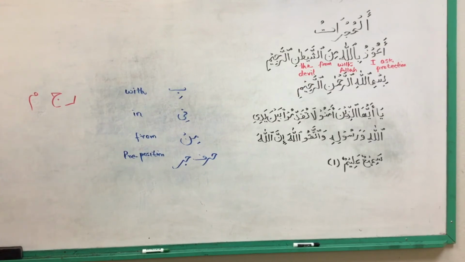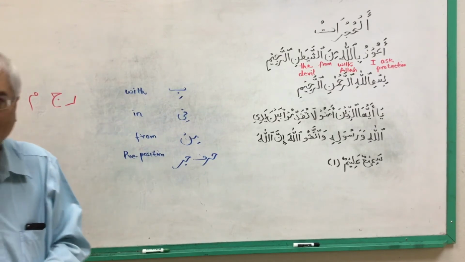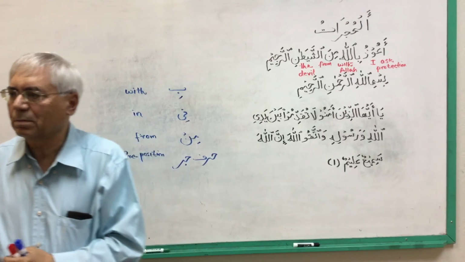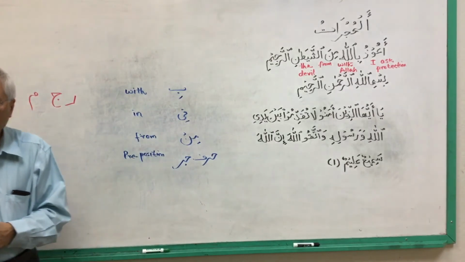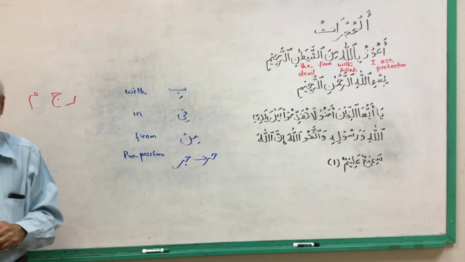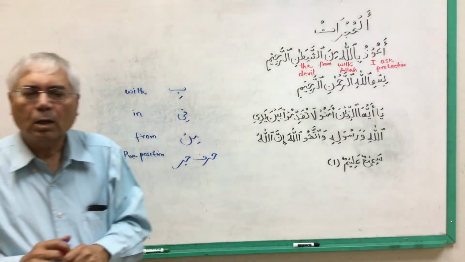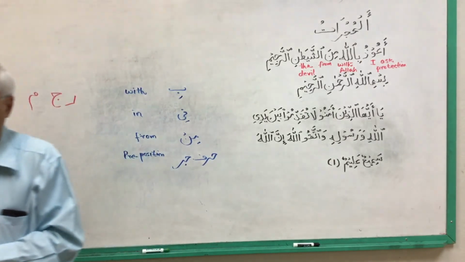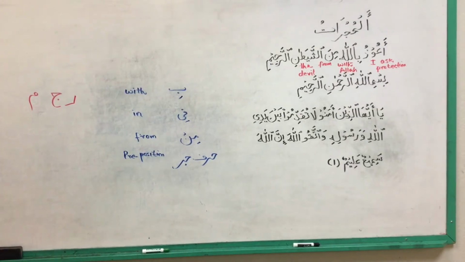When people go for Hajj, they throw stones and rocks on the shaitan. It's called rajm. So rajama, Ra, Jim, and Mim, means to stone something or to curse something. Okay, to stone or to curse.